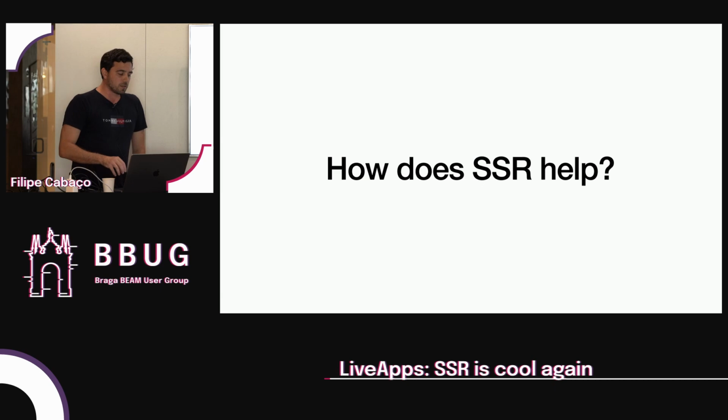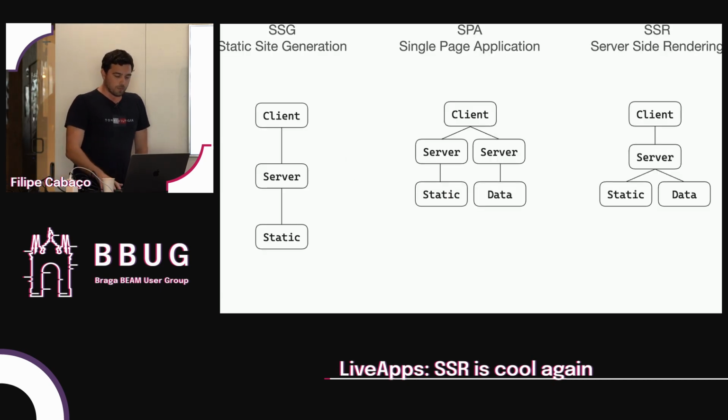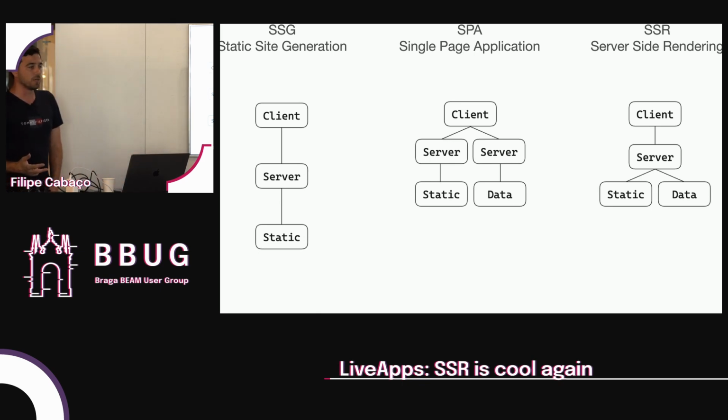And why do I think server-side rendering helps in that regard? Well, these are the stacks in a really badly represented way. You either have really static data and you just push it, which includes a client that needs to connect to a server to serve the static information.